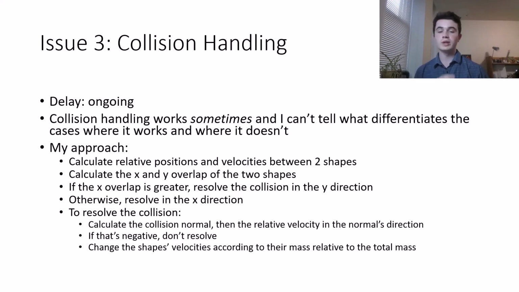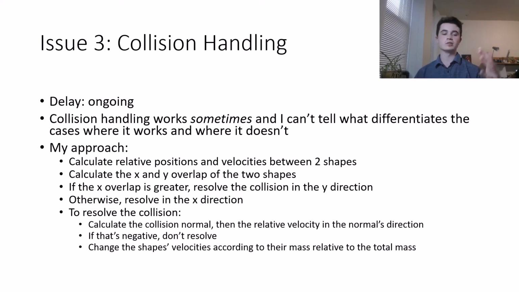So my approach was to calculate the relative positions and velocities between two shapes, and then using their relative positions and their axis-aligned bounding boxes, I can calculate the x and y overlap of the two shapes. If the x overlap is greater, I know that I need to resolve the collision in the y direction.